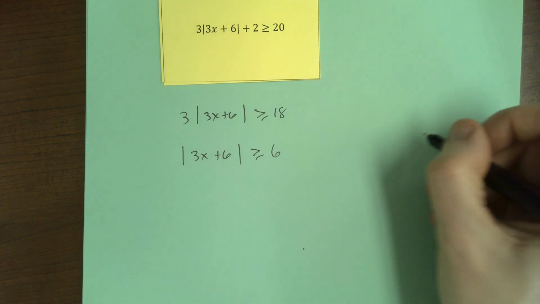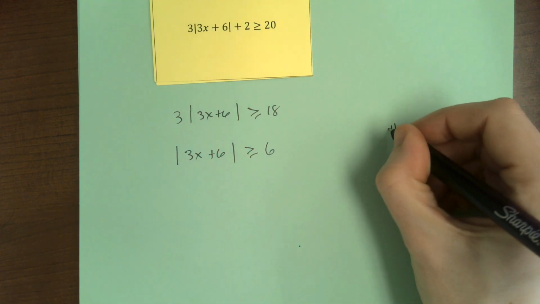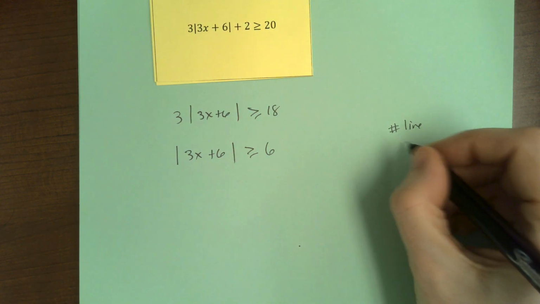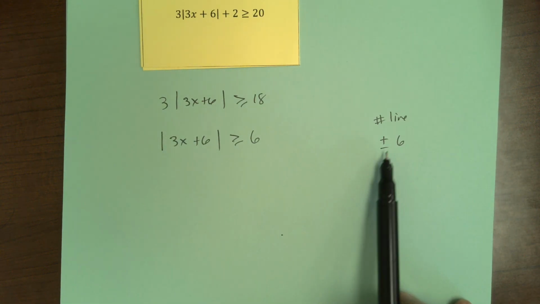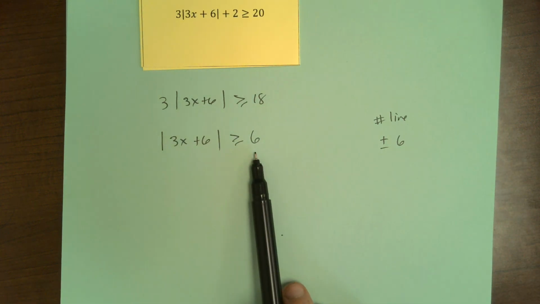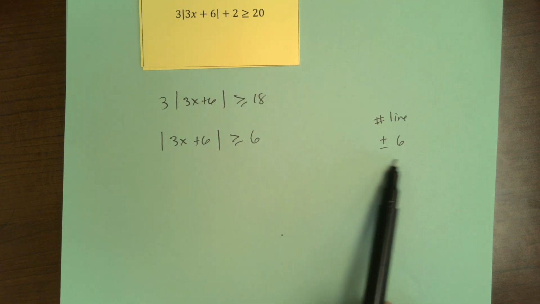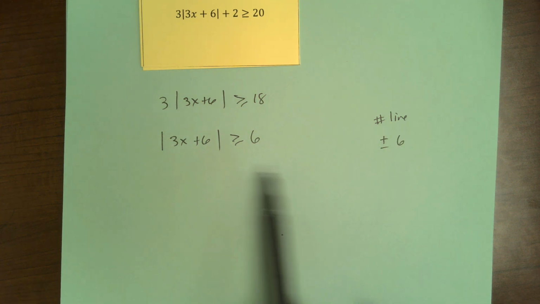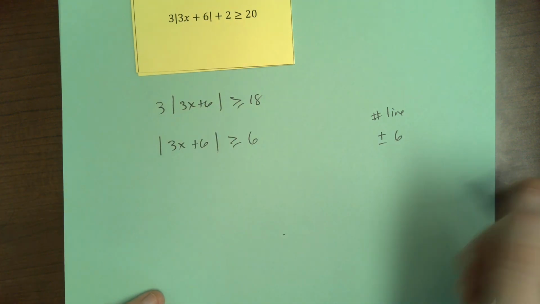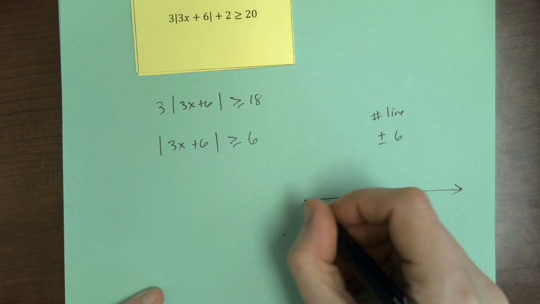So off to the side, we're going to need a number line, and on that number line, we're going to put a positive and negative 6. So this plus or minus 6 is still relevant. It's just relevant on the number line, not within the problem.